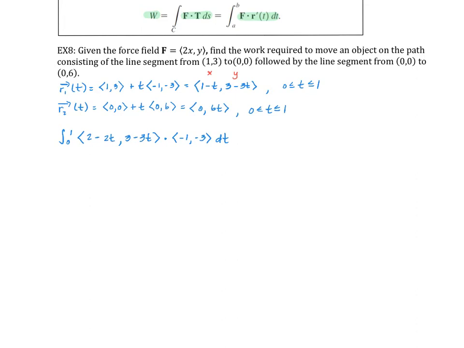I'm going to do these separately. So I'll figure out the work done on this first path. It looks like it's going to be the integral from 0 to 1 of negative 2 plus 2t minus 9 plus 9t dt, which is equal to negative 11 plus 11t dt.